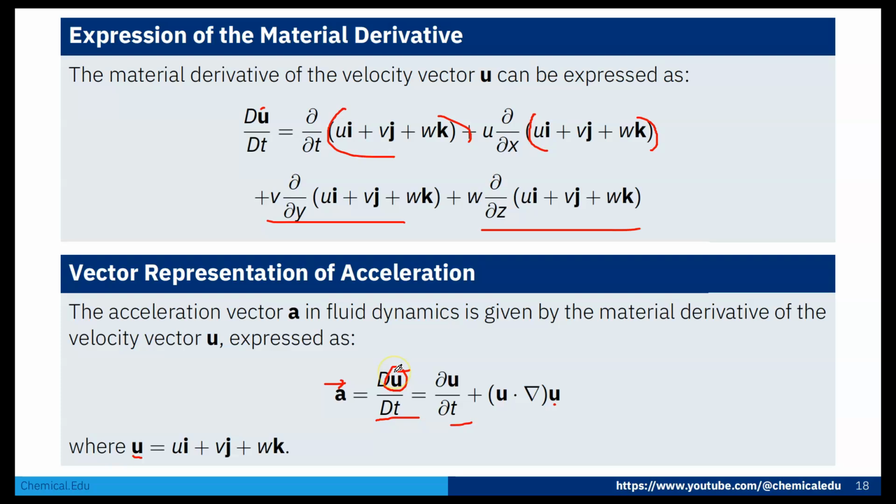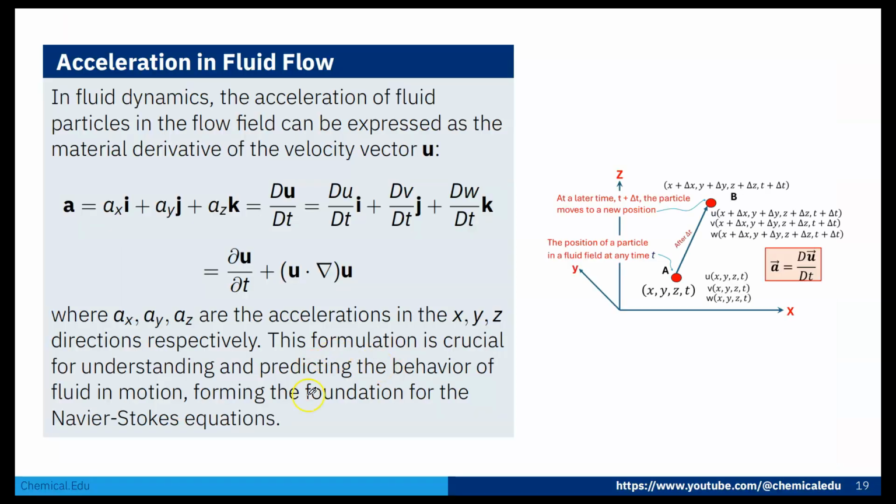That way we can write the acceleration. So acceleration is ax i plus ay j plus az k. We write it in the material derivative or substantial derivative as capital Du by Dt i plus capital Dv by Dt j plus capital Dw by Dt k.